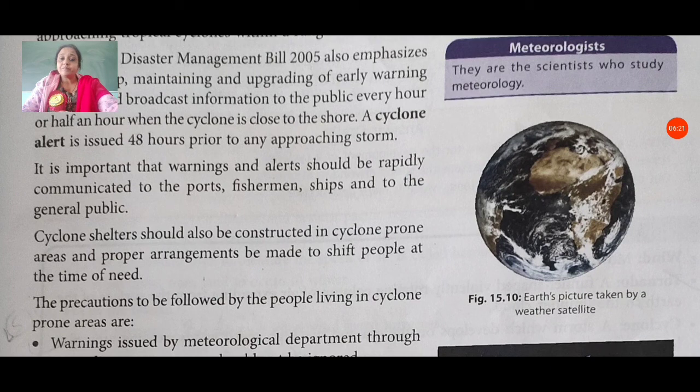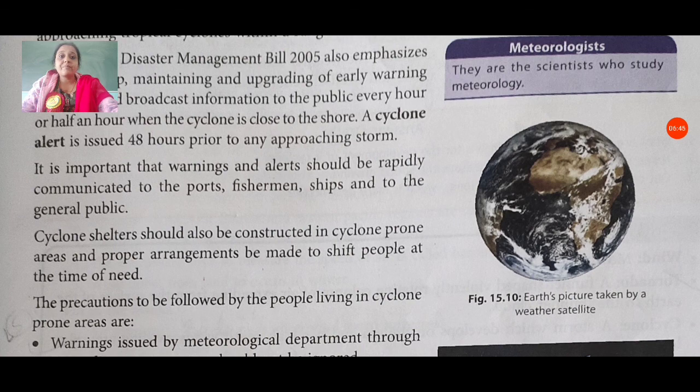Because of cyclones people suffer many problems, but when we get news of this, we can make arrangements, and because of this we do not lose more property or other things which we use in our daily life.